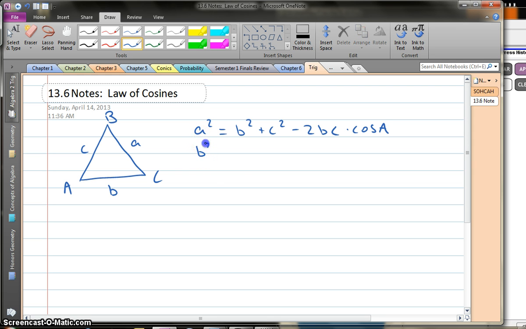Watch. The second one is b squared equals a squared plus c squared minus 2ac times the cosine of angle B.